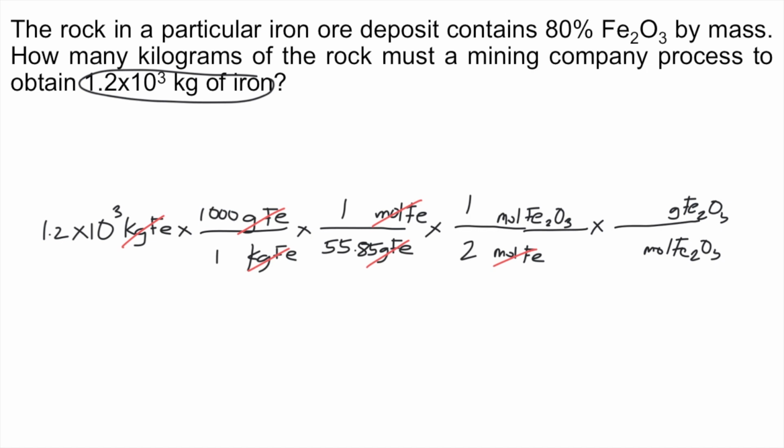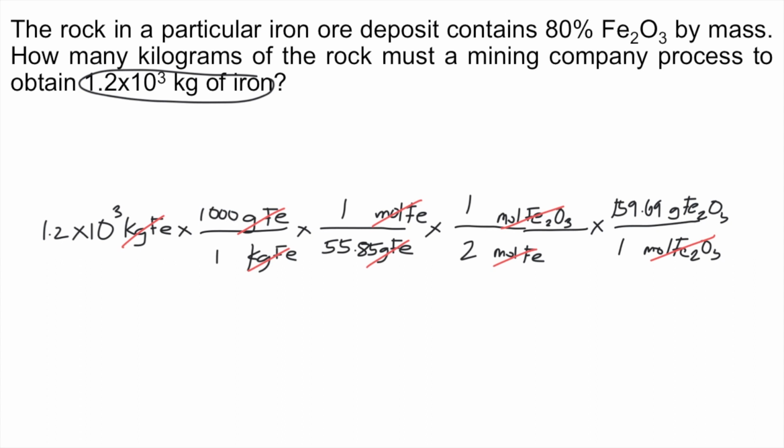So if you compute the molar mass of Fe2O3, it's about 159.69 grams of Fe2O3 for every 1 mole of Fe2O3. So here, as you can see, the moles of Fe2O3 would cancel out. Now we have the grams of Fe2O3. But we're not yet done.